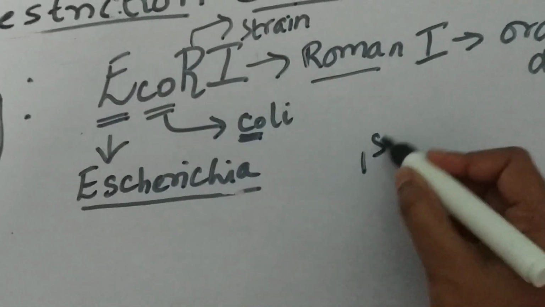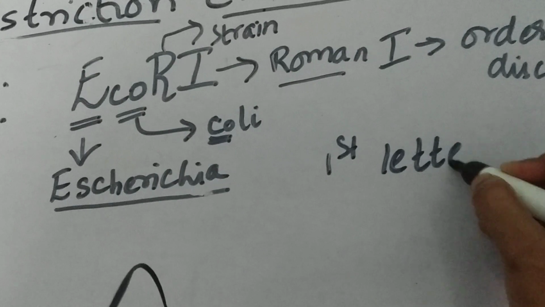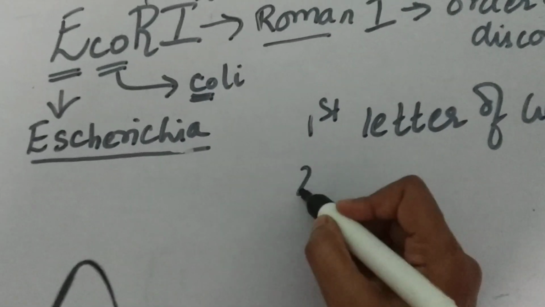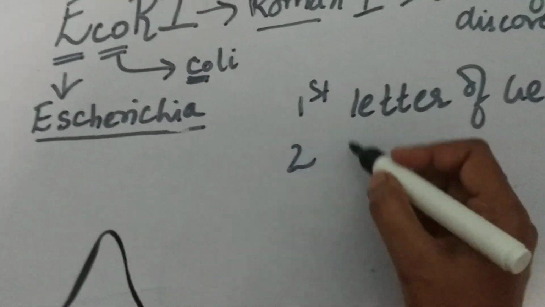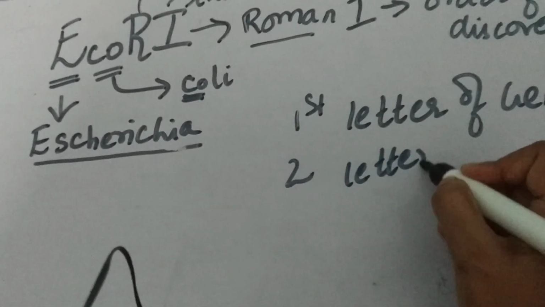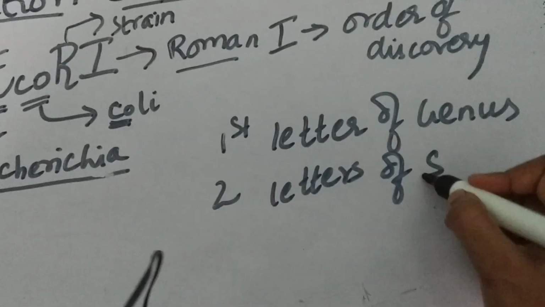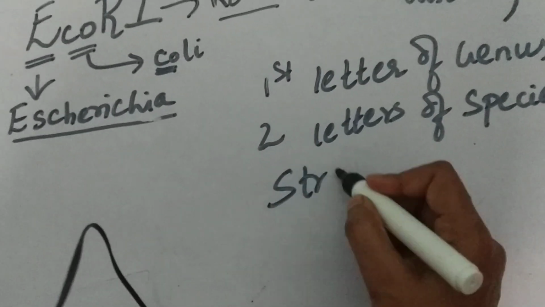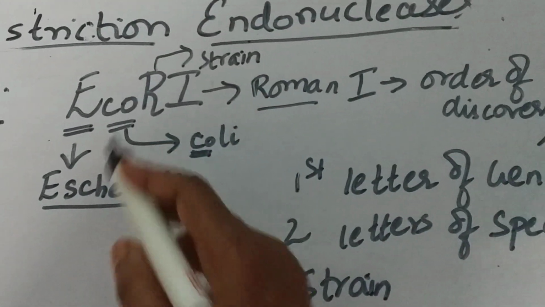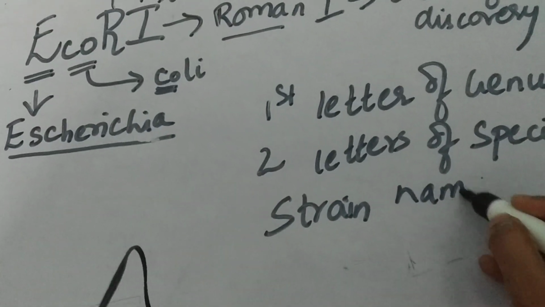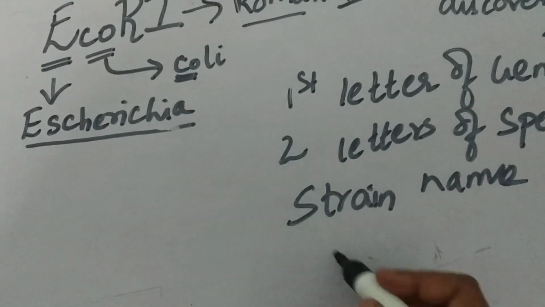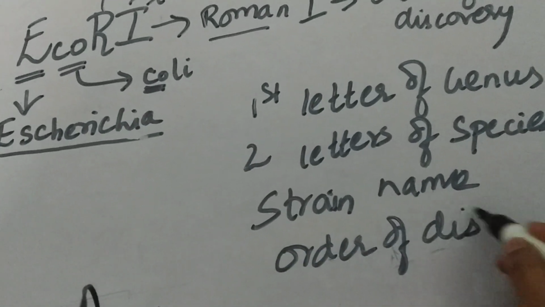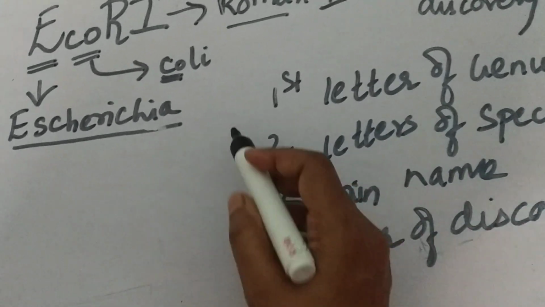It starts with the first letter of the genus, then the next 2 letters of the species. If there is any particular strain name, it is then given to it, and then comes the order of discovery. This is how it is named.